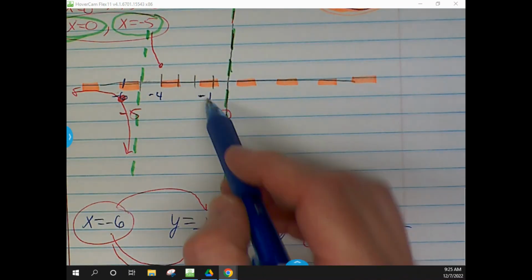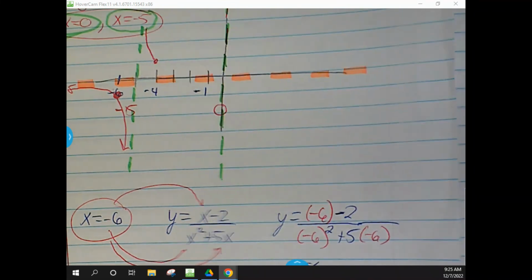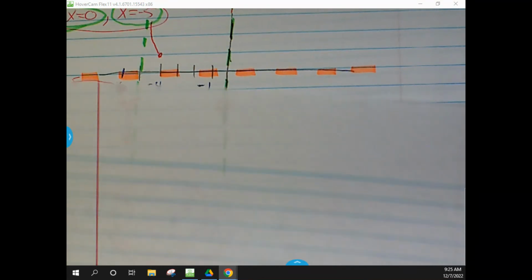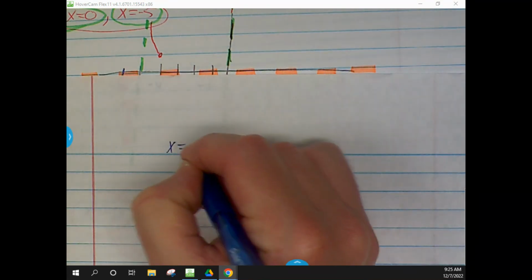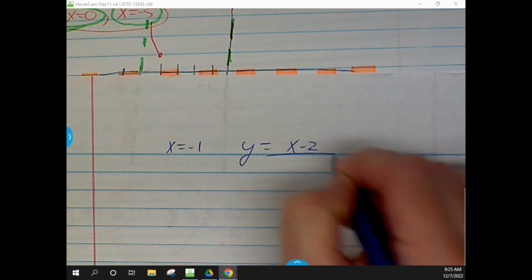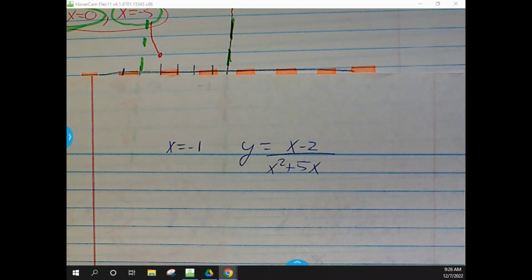All right, so we're going to plug in x equals -1 just to see what happens. I'm running out of room on this piece of paper, so I'm going to go to a second piece of paper. Again, just plug in that -1 every single time.